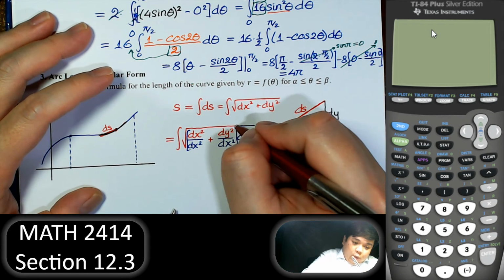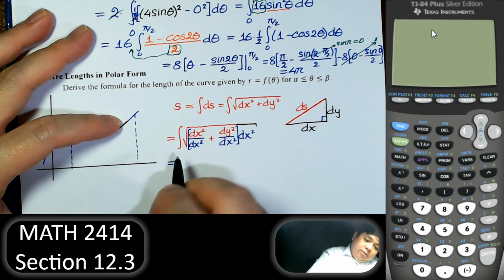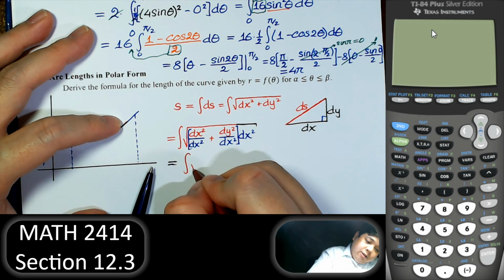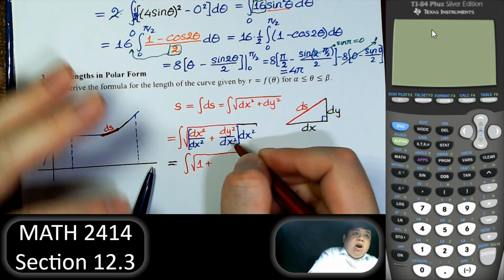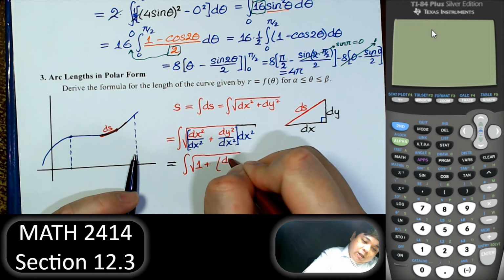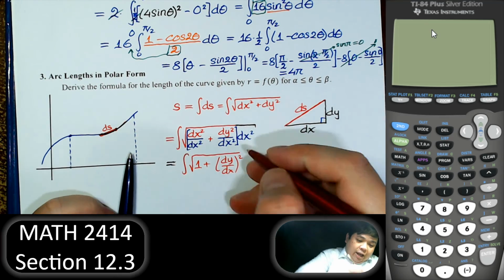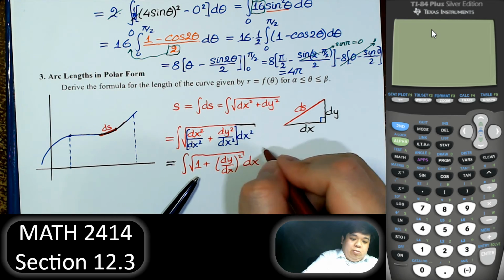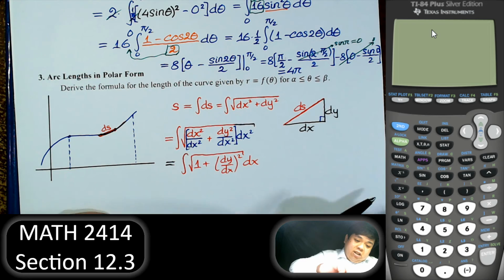And the dx square, we can take it outside of the square root, so the integral will become one plus dy over dx square, and then dx taken outside the square root becomes just dx because the square root and square cancel out, and dy over dx is the derivative.